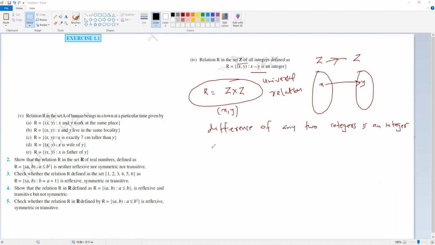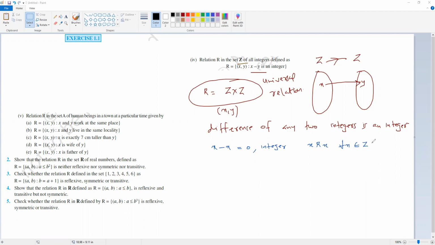देखो, for any integer, minus that integer is 0, which is an integer. That means x comma x, और आप बोल सकते हैं कि x related to x for all elements in the set of integers, isn't it?